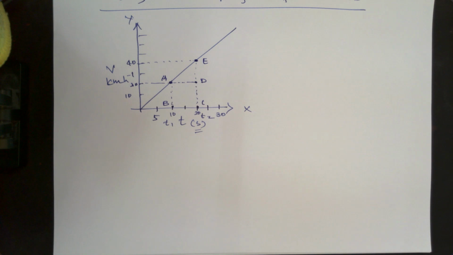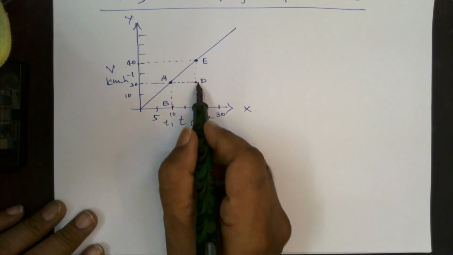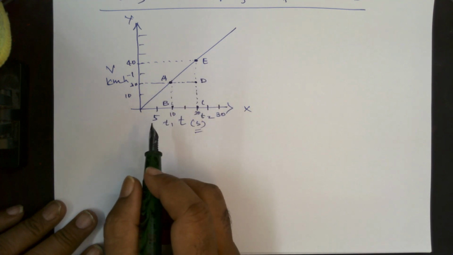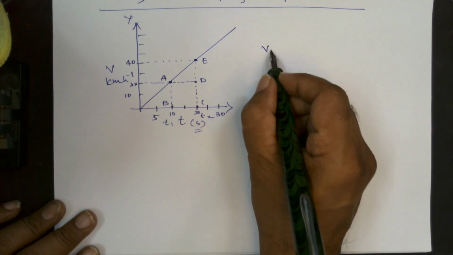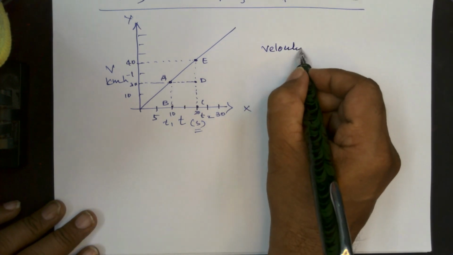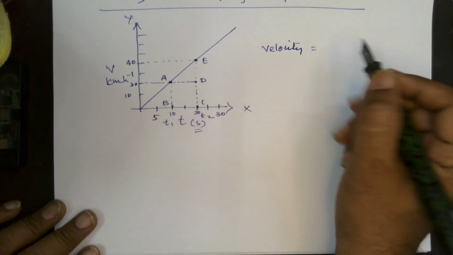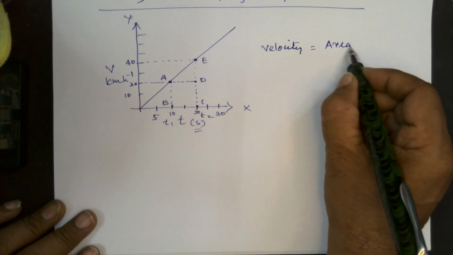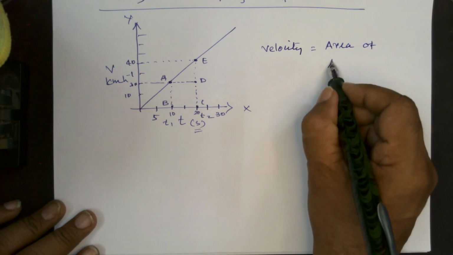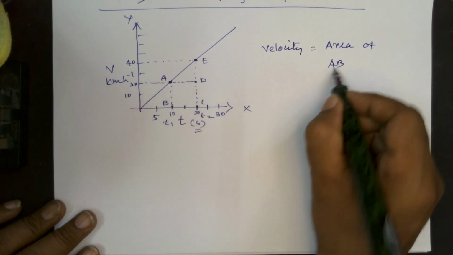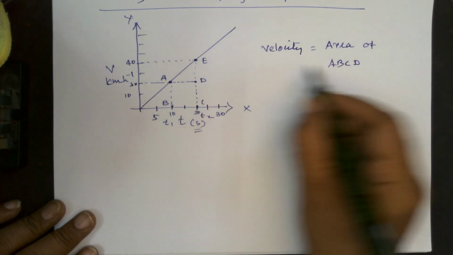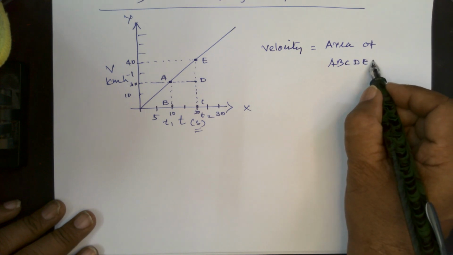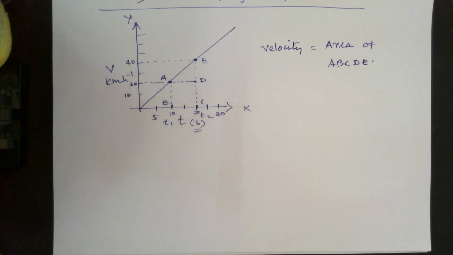Okay. Now what about the area A, B, C, D, E, A? That gives the magnitude of the velocity. Take down: velocity is given by the area of the figure A, B, C, D, E, and again A. So A, B, C, D, you can close it.